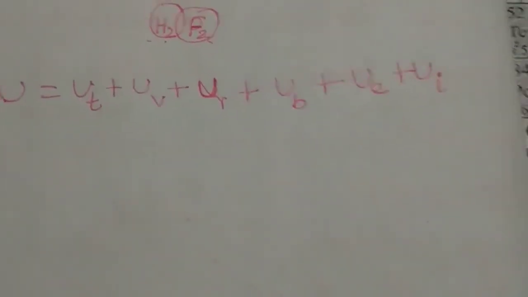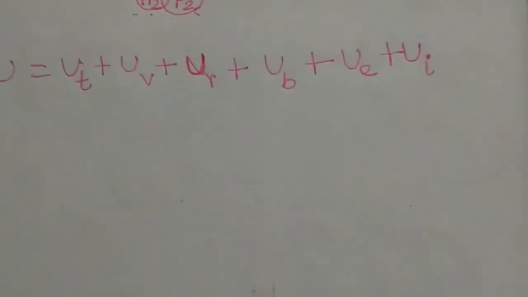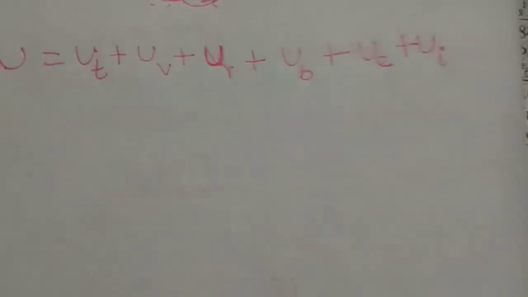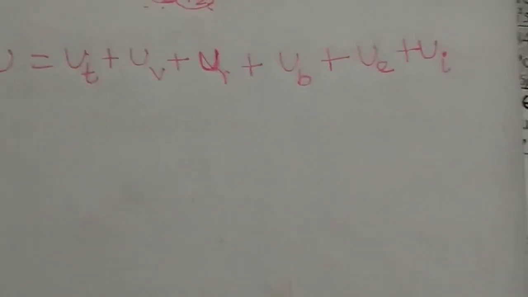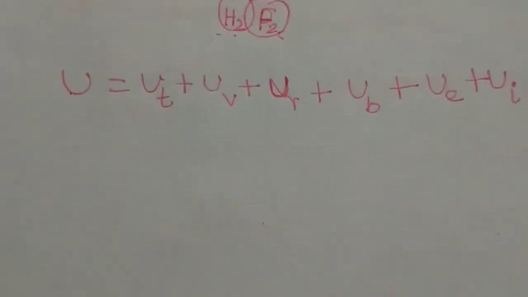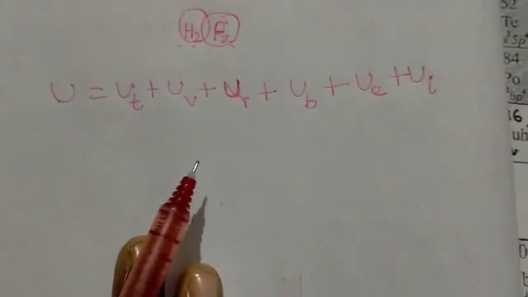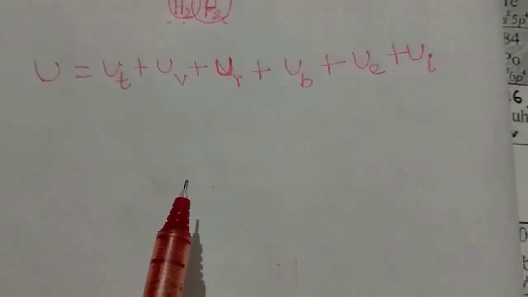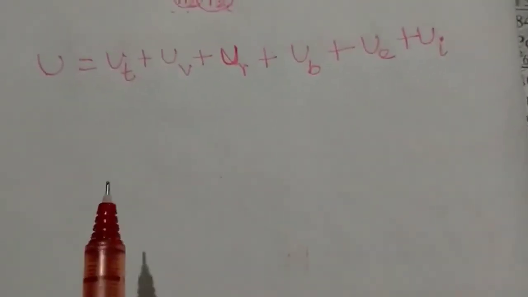Then we have some importance of internal energy. Internal energy is responsible for physical structure differences, which means the allotropes. We can consider the allotropes of carbon. What are the allotropes of carbon? Graphite, diamond, and fullerenes.